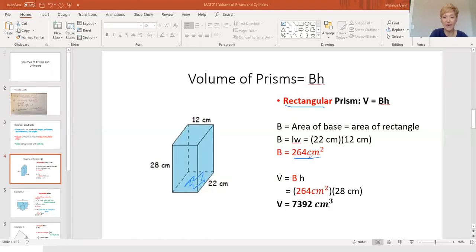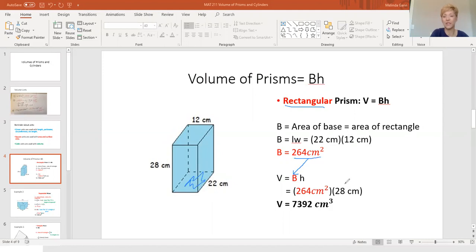I'm going to put that in place of my B, the area of my base. So that B gets replaced with 264 square units because it's an area, and area is always square units. Now this H is the height of the prism. How tall, how high is that prism? Do you see it's 28 centimeters?